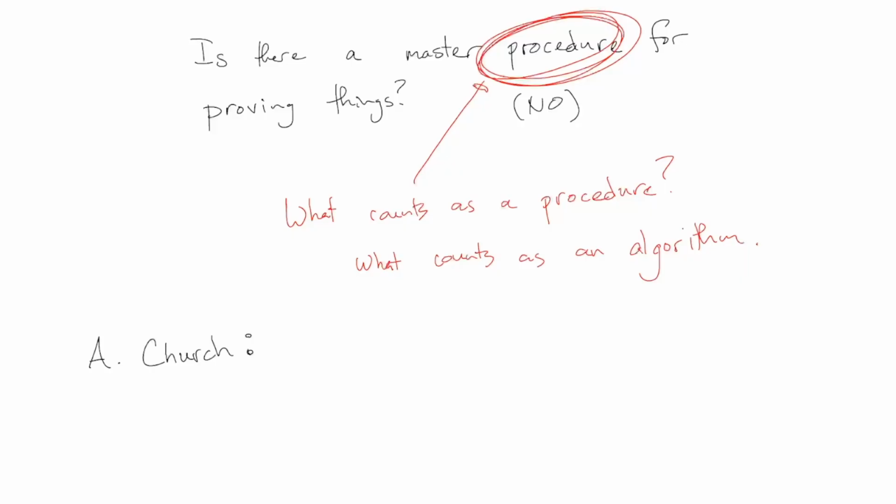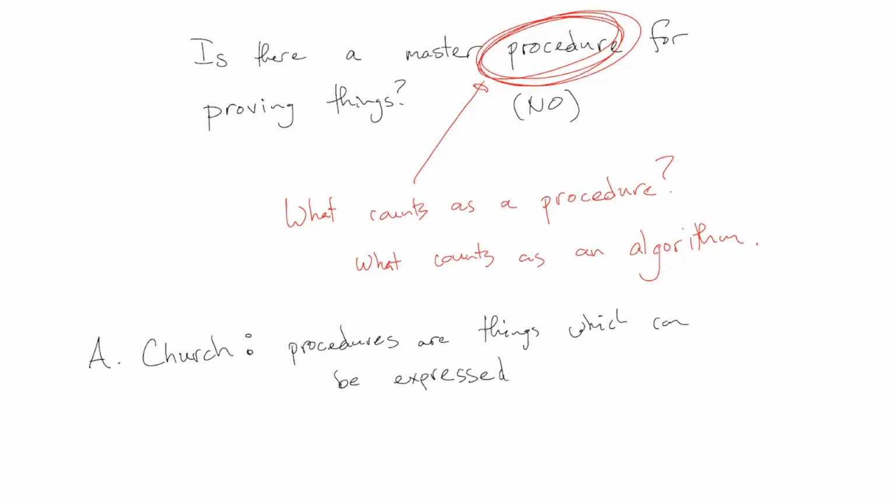He tried to view this kind of procedure in terms of, so his idea was procedures are things which can be expressed. I would say this idea would naturally occur to maybe any high school math student.